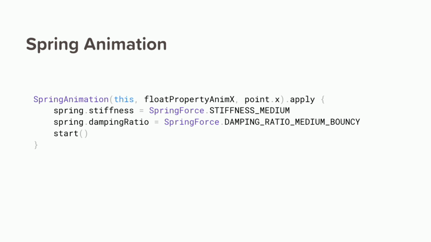And then we want to animate point X. That is the point that we want to go to, and that'll be producing this animation. And then we can apply certain different things. We can apply the stiffness and the damping ratio on this animation, and I'll show you a few visual examples of what these look like and what they mean. But these are the default values that get set, and they normally look pretty good. And then you call start to trigger the animation.